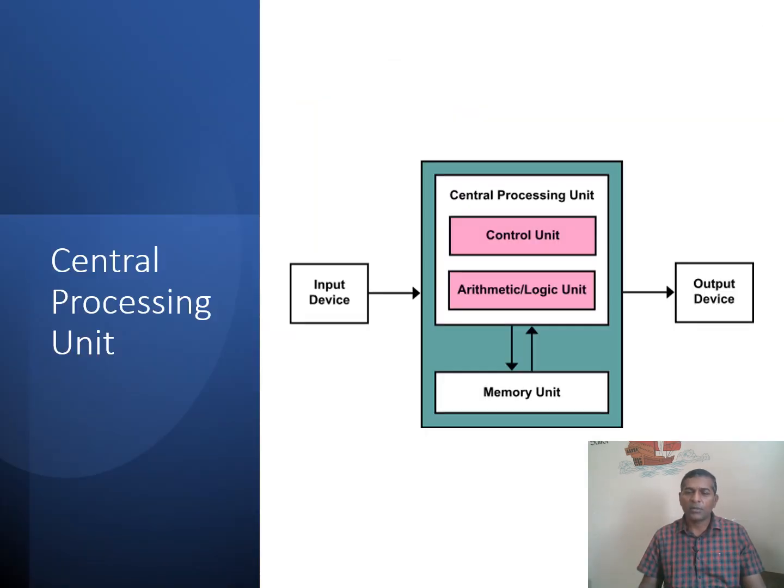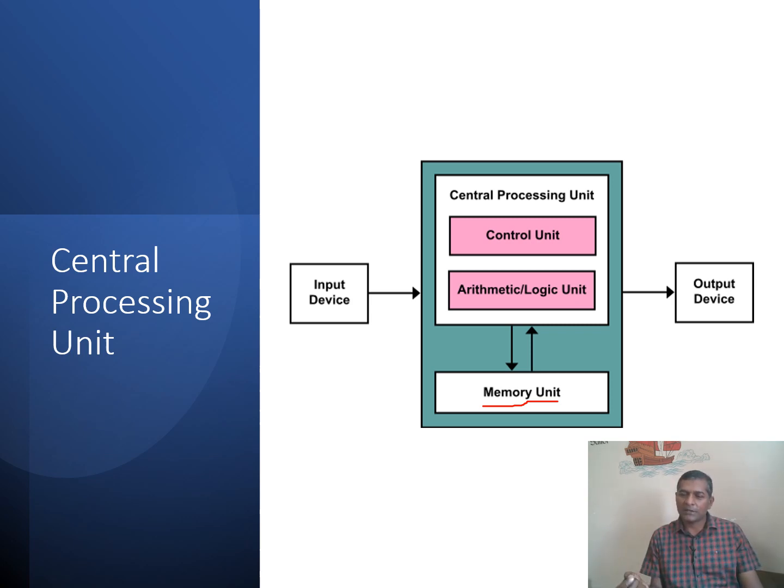The basic purpose of this IC or any microprocessor, which is known as central processing unit, is to process and execute all the information which has been provided as an input to that device. The information we provide is mainly stored in the memory unit. Memory unit is nothing but primary memory and secondary memory.